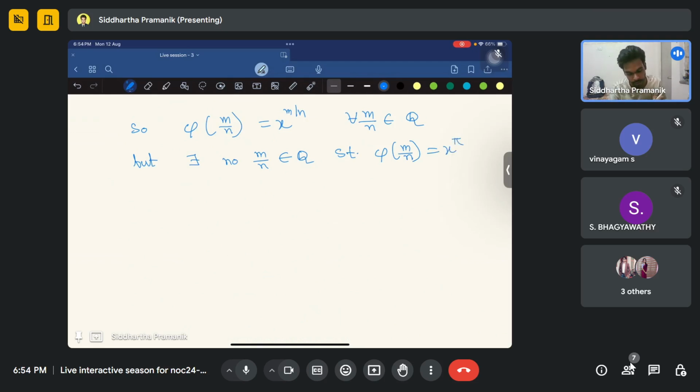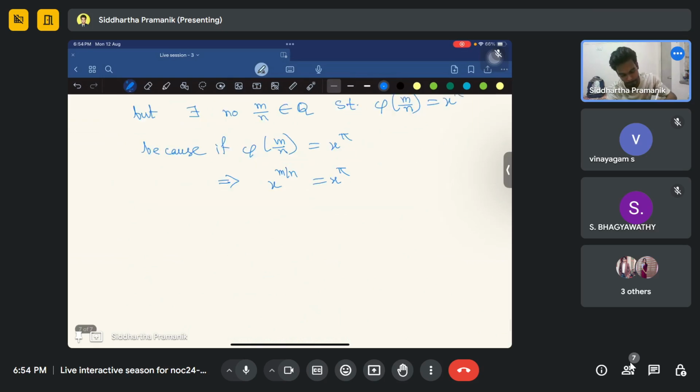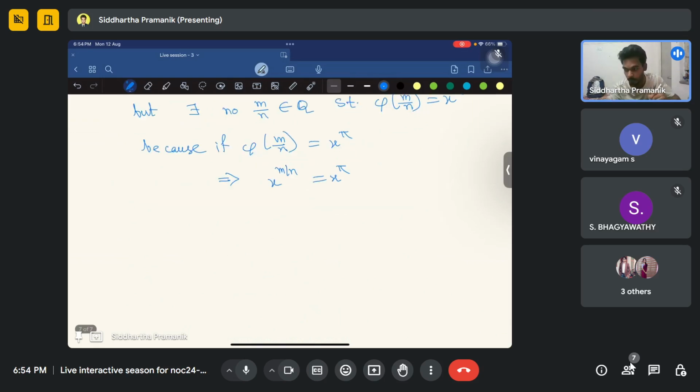Yeah, can you see why? Because if phi of m by n equals x power pi, that will imply x power m by n is equal to x power pi. But this cannot be possible, right? Because pi is irrational and m by n is rational. So this is a contradiction.